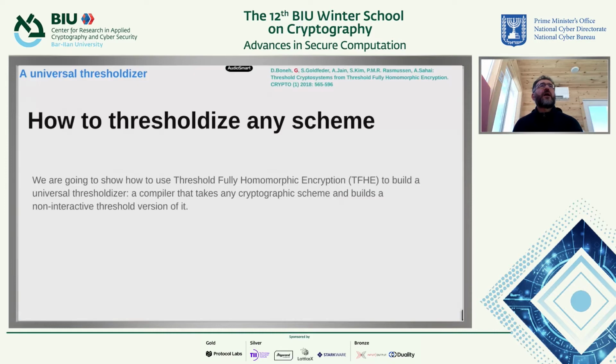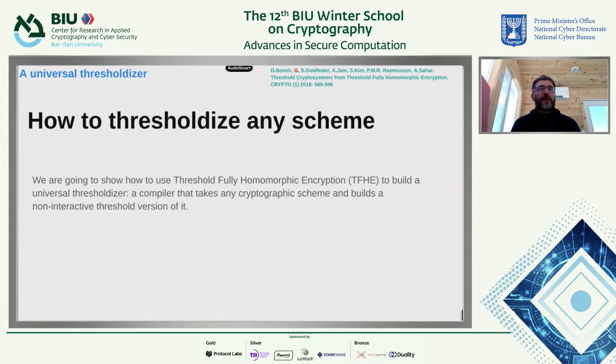The first is a work that appeared a couple of years ago at Crypto, which shows that if we can build a threshold fully homomorphic encryption, then we can build what we call a universal thresholdizer.